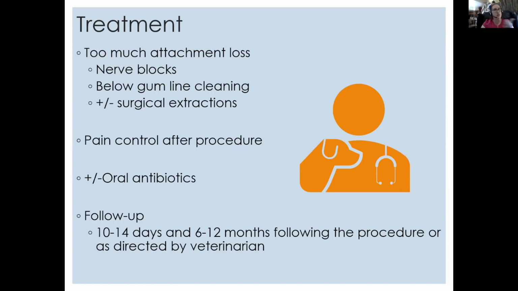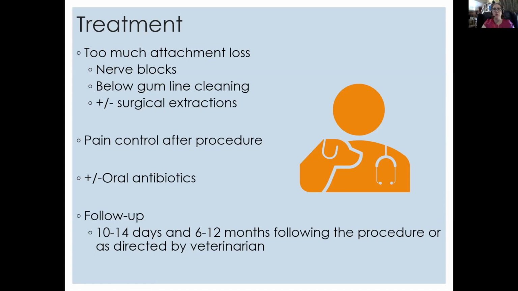Just like you or I, if we had any dental care done in our mouth, they would stick the Novocaine in there to block us so we don't feel it. That's very commonly done in dogs and cats as well. So we're going to put nerve blocks in to try to block the pain during the procedure, as well as many times post-operatively, dependent on what is done. So after the procedure, they're still getting some of that pain relief from the nerve blocks.